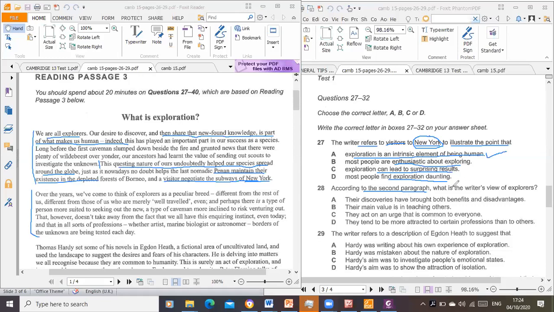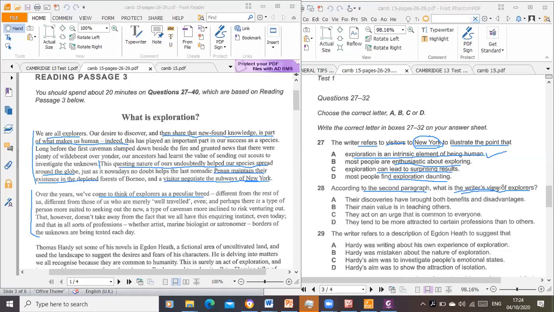So what is the writer's view? The writer's view about explorers, that is what matters to us now. Over the years, we've come to think of explorers as a peculiar breed. This is as good as saying that people think that explorers are a peculiar breed. But don't forget, what we are looking for is the writer's view. Very important.